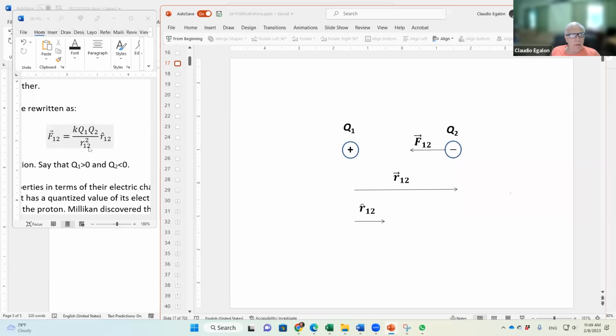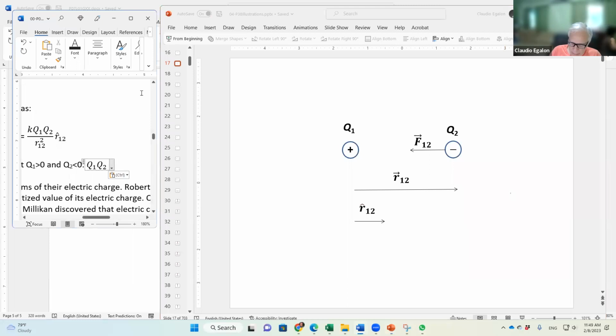Okay, since Q1 is positive and Q2 is negative, it means that Q2 times Q1 is going to be negative, right? So this number is positive. This number is the square of a scalar. It must be positive as well. A scalar is a real number.